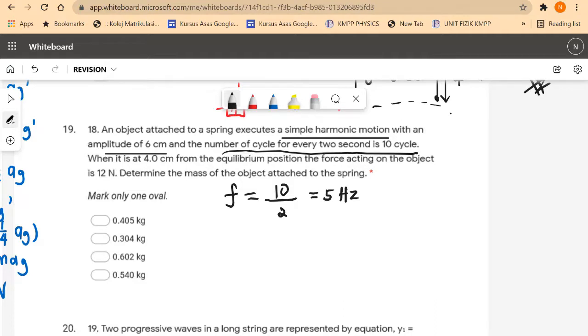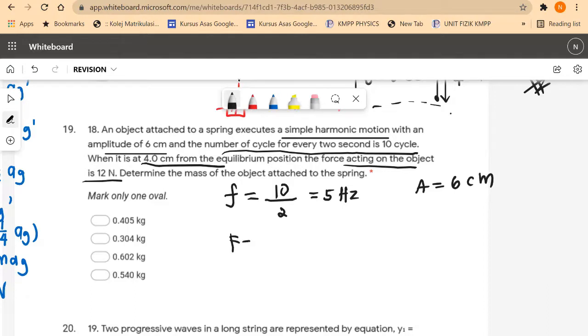So from this question, amplitude is 6 cm and frequency is 5 Hz. From the information that when it is at 4 cm from equilibrium position, the force acting on the object is 12 Newton, we can determine k.